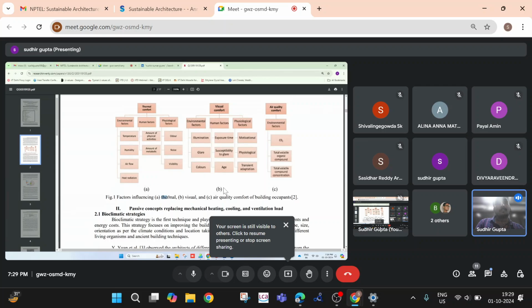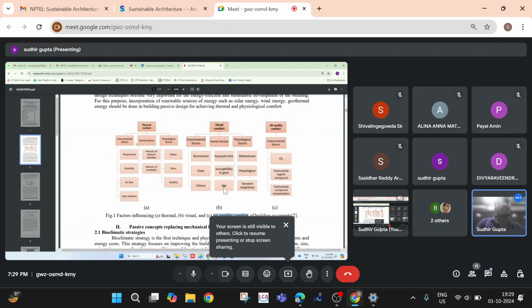In thermal comfort, these factors are considered: environmental factors, human factors, physiological factors, and that's why this noise, as was mentioned in the question, in thermal comfort it was asked. So noise can also be a part of thermal comfort because it is a subcomponent of physiological comfort.